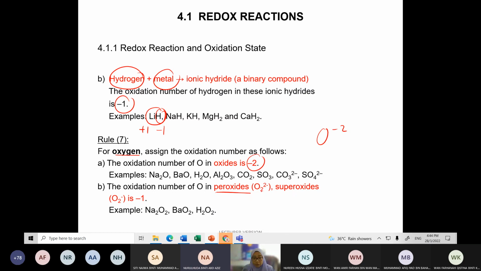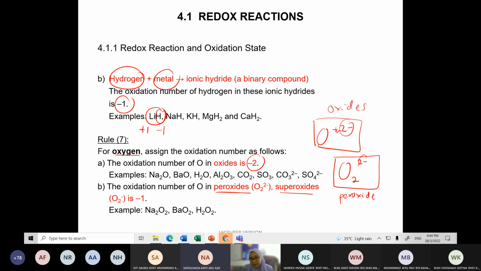Okay, O2 2-. So this is oxide kan? So you must know what is the difference between oxide, peroxide, and then later we have superoxide, guys. Okay, so beza dia kalau peroxide dia ada O2 2-. So this is peroxide.